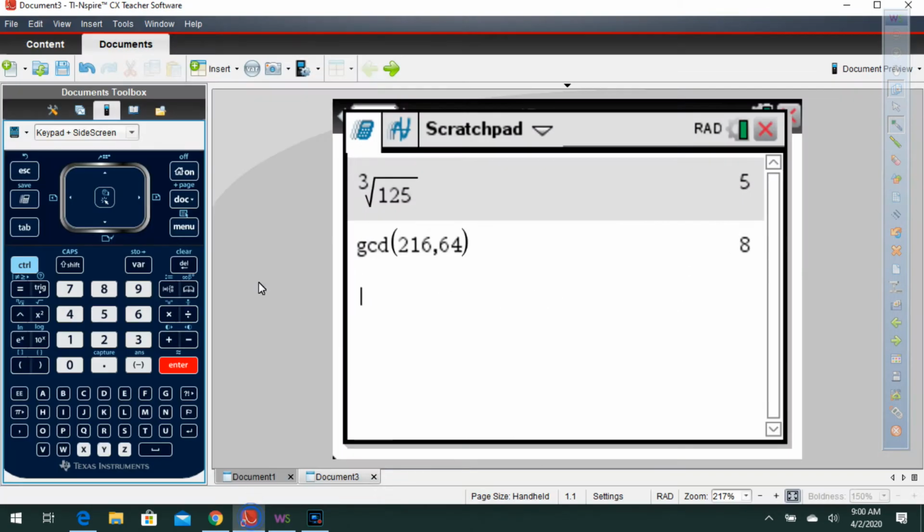What if, let's try something else. The cube root of 216 is 6.